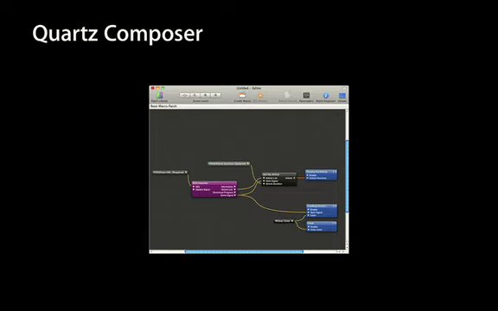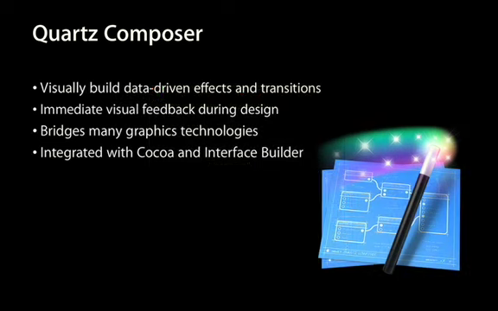When you're working with Quartz Composer, one of the great features is that you get live previews of what you're doing all the time. So while you're in here working in a patch editor, wiring your patches together, you'll have a window on the screen that's showing you exactly how your changes to the patch configuration are going to affect the transition that you're building. You can use the Quartz Composer compositions that you build directly in a Quartz Composer view that's available to Cocoa applications through Interface Builder.